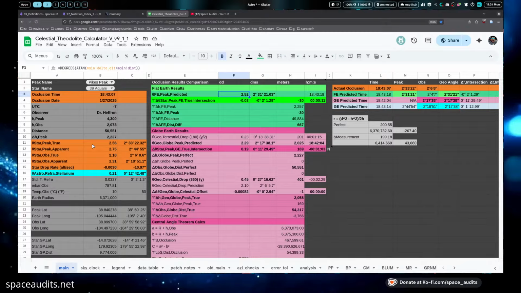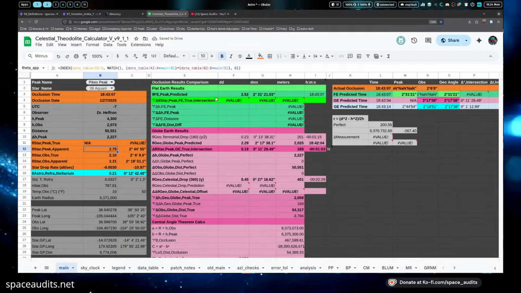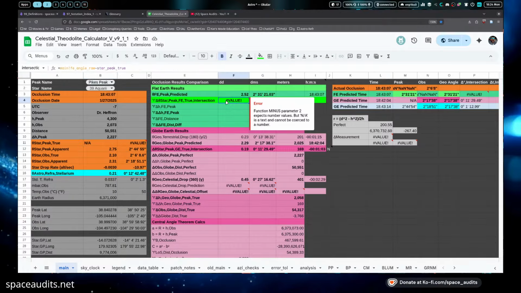And if we were to change this cell, if we were to make the true position at the peak NA, it would break all the things that have to do with NA. And what you'll see here is that all the flat Earth stuff gets bricked.